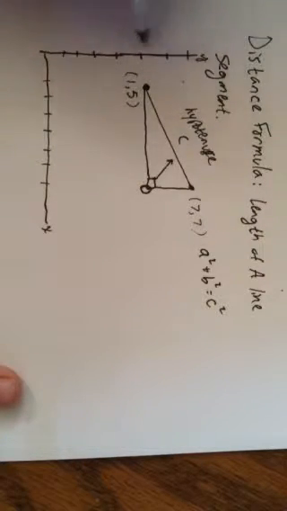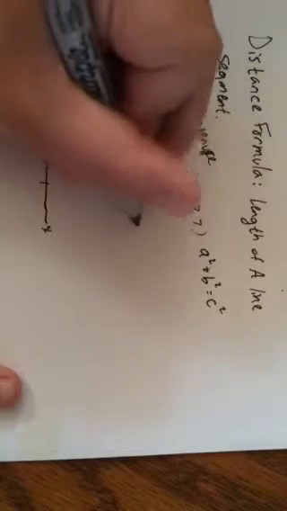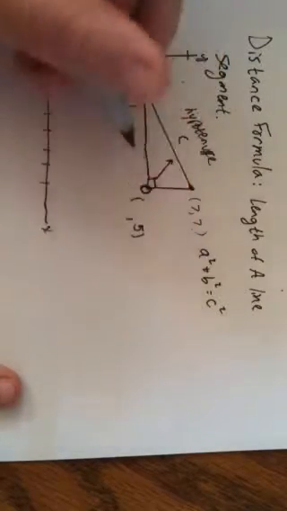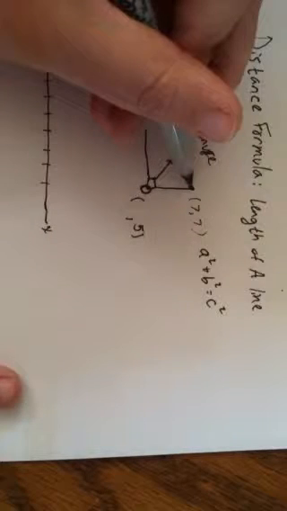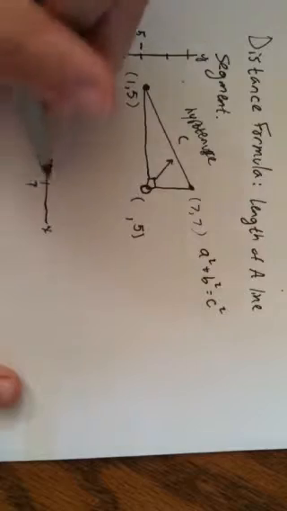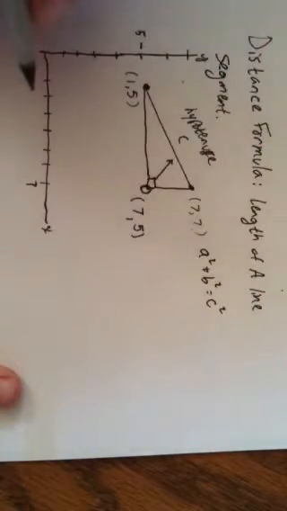My y's are up here. So right here, this is a 5. So this is on the exact same level, so this y should be a 5. And this point is on the same level as this according to my x's. This was on the 7, so this is also on the 7. So I actually know that point.